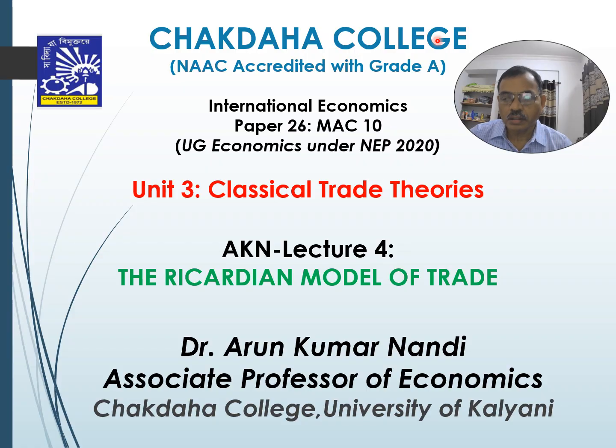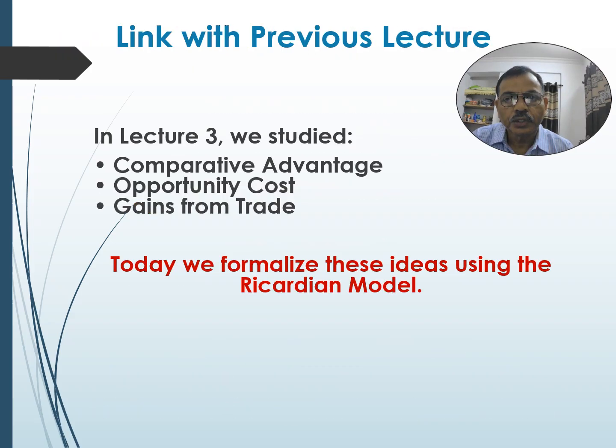To understand why this model is important, let us connect it with what we studied. In the previous lecture, we discussed the principle of comparative advantage and how gains from trade arise.